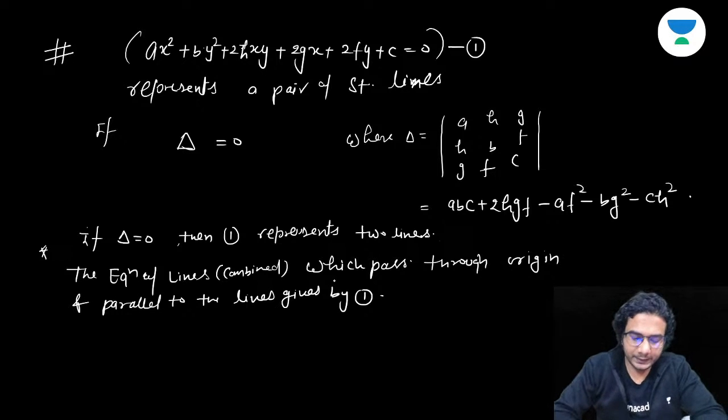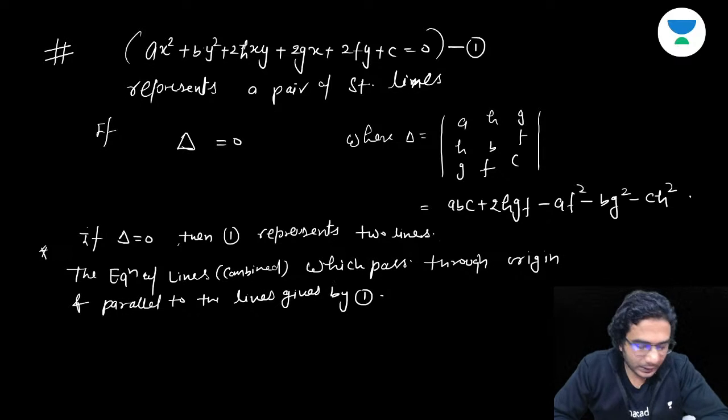Can you answer this, Jia or Raghav? Lines passing through the origin, parallel to the lines given by the equation 1.